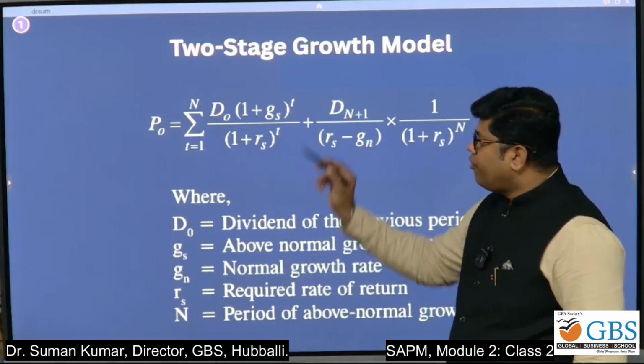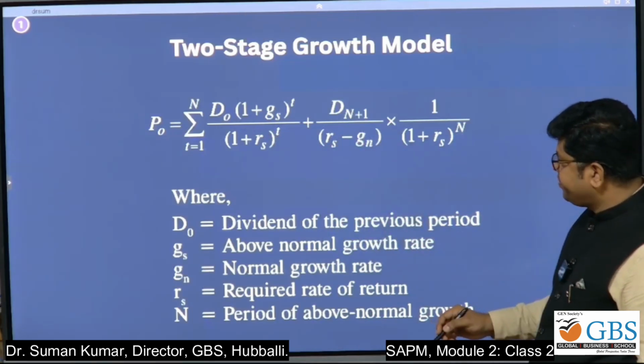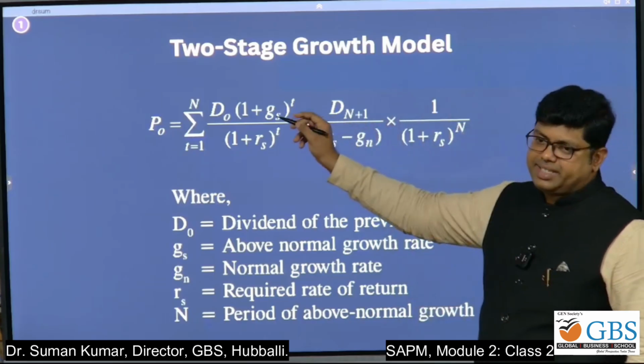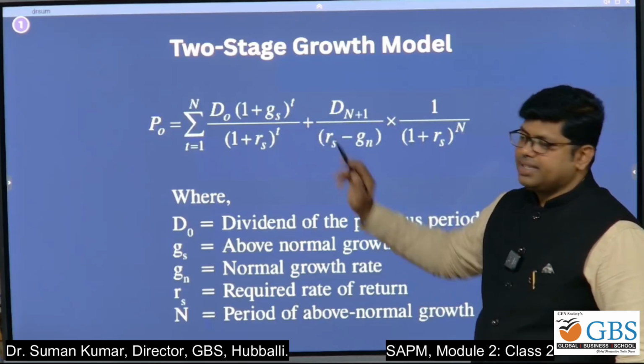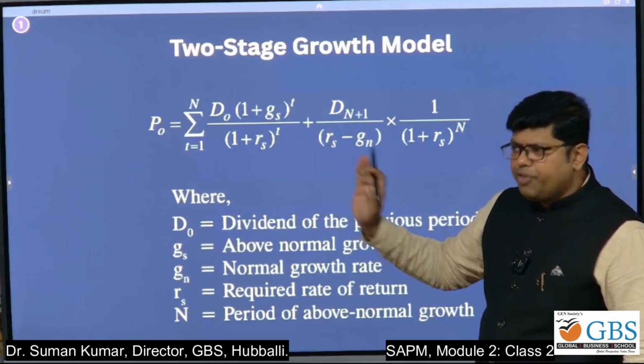D naught (1 plus G), that is the growth rate for the first 2 years, GS, it may be the first few years.